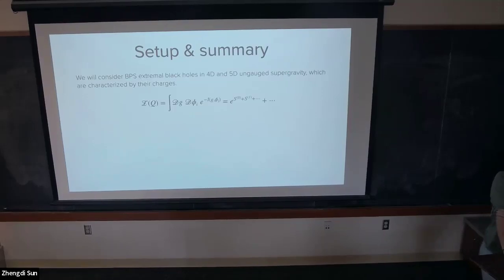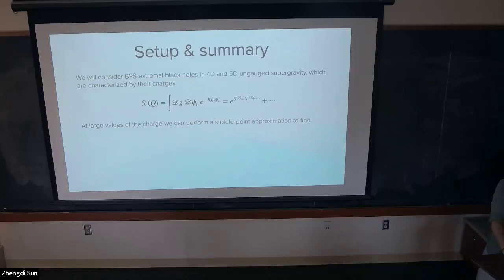So let's get started. The setup that we will consider is that of BPS extremal black holes in 4D and 5D gauged supergravity, which are characterized by some charges. Here I wrote the path integral that computes the partition function. This depends on the values of the charges, and you integrate over the metric and matter fields in the theory.